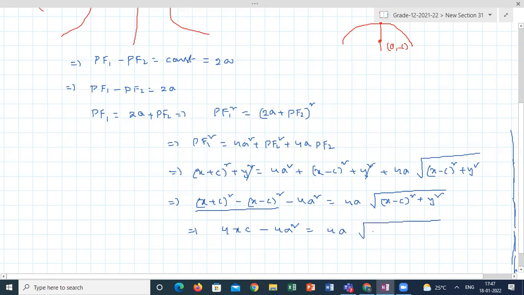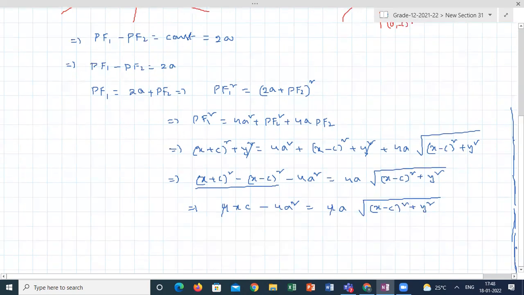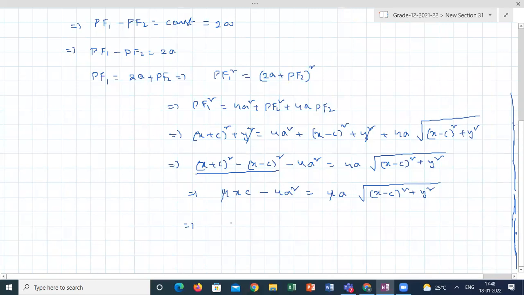No, clear? 4 cancel. Before squaring, this can be written as xc by a minus a is equal to the root of x minus c whole square plus y square.